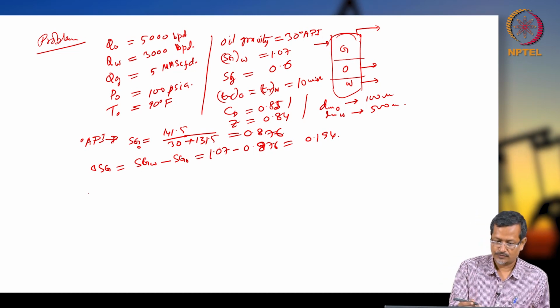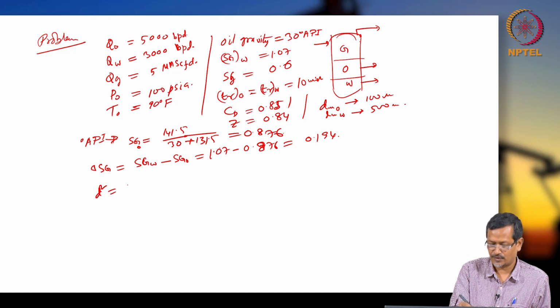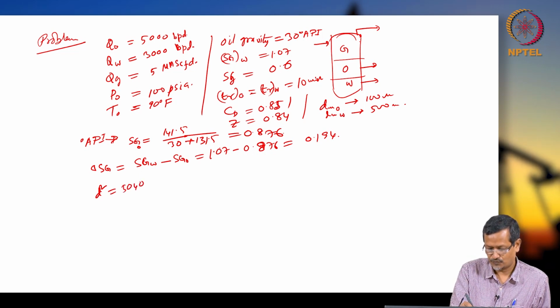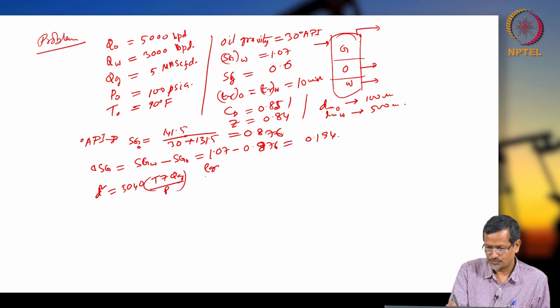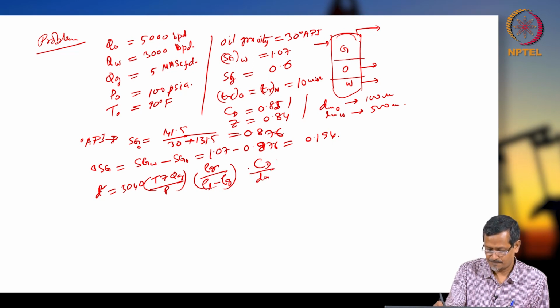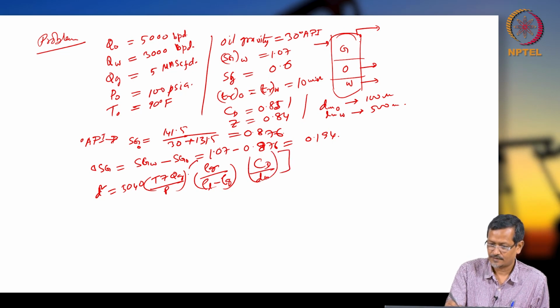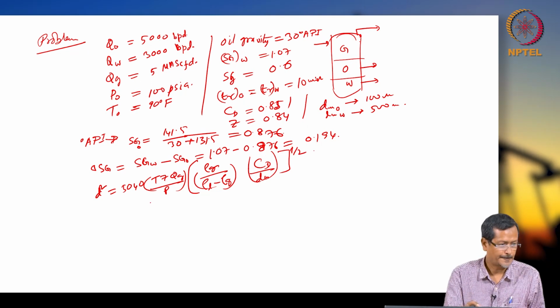Now we calculate D from the previous formula: D equals 5040 Tz Qg by P, times rho G by rho L minus rho G, times CD by dm, all to the power of half.